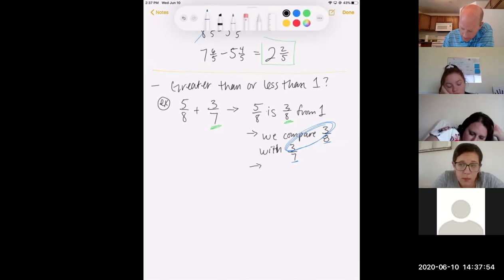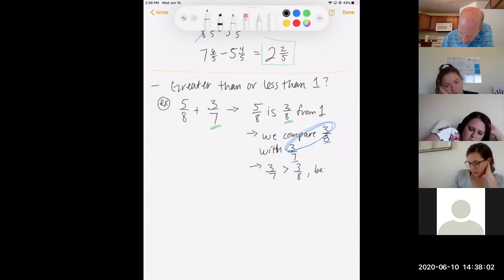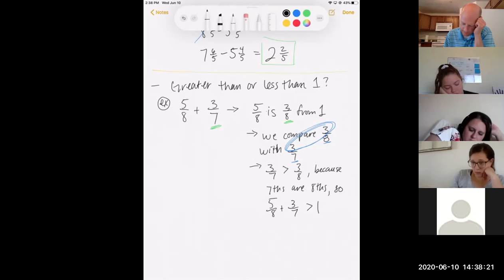So we say, okay, we're going to compare 3/8 and 3/7. 3/7 is greater than 3/8 because 7ths are greater than 8ths, and we have the same number of each. So when I add on 3/7 to 5/8, I will be bigger than 1, greater than 1.